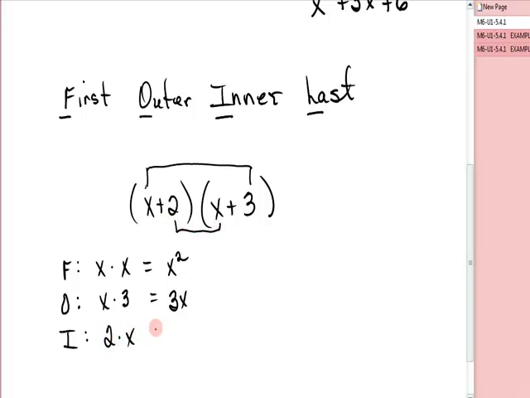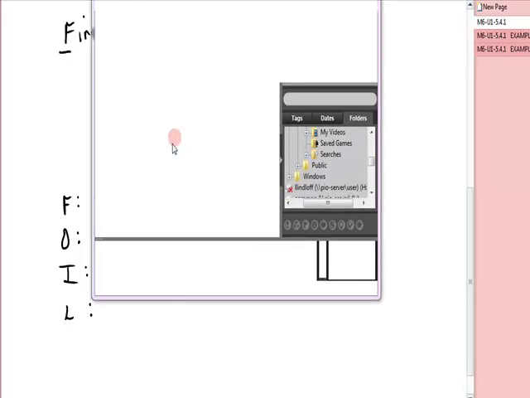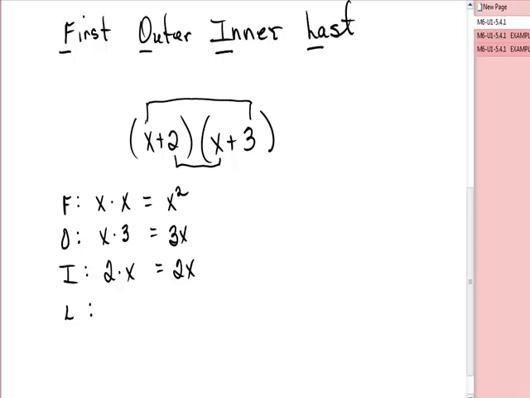That's 2 times x, which would be 2x. The last is 2 times 3, those are the last in each of the binomials, which gives me 6. Many times, not always, but many times the outer and the inner terms will be like terms. We'll add those together for 5x. Our product is x squared plus 5x plus 6.